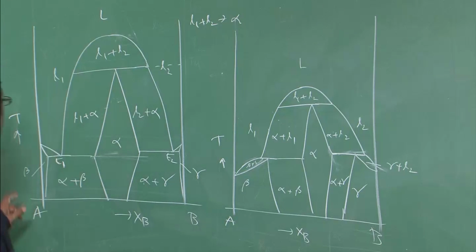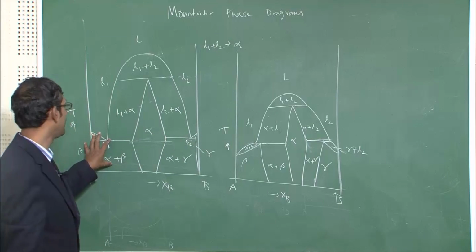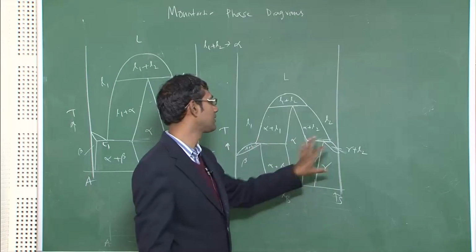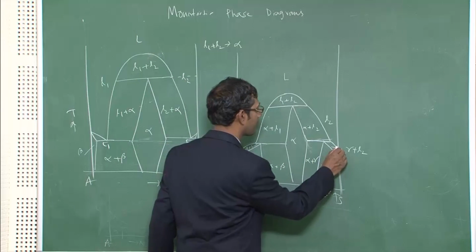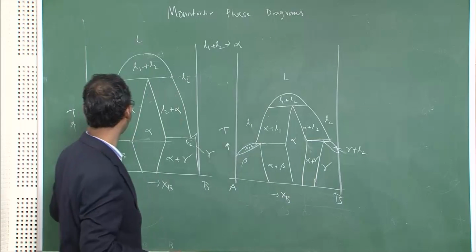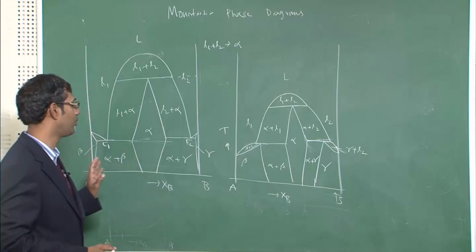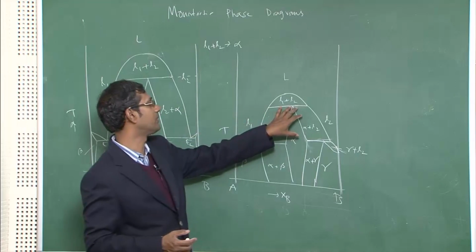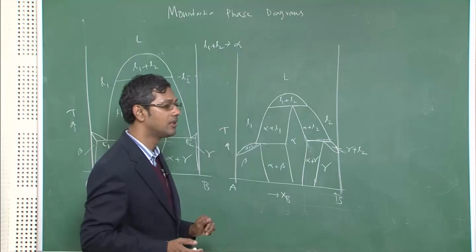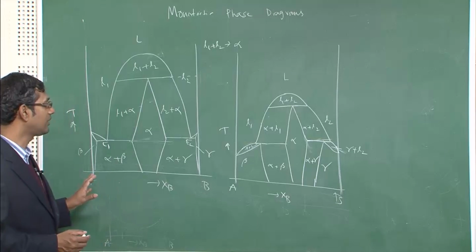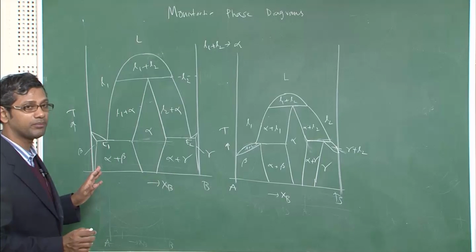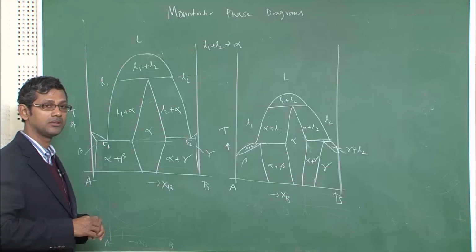So, you see the difference between these two is nothing but that here you have two eutectic reactions on both sides, there you have two peritectic reactions on both sides. And you can also have a peritectic and eutectic mixture on both sides, but the phase diagram remains almost similar at the center part, where the syntectic reaction happens. That is what I wanted you to concentrate on; the rest of the things are not required for these phase diagrams, and therefore, we will not discuss further.